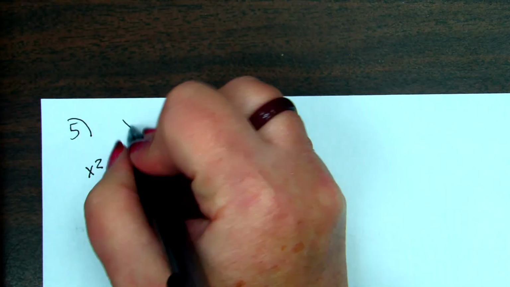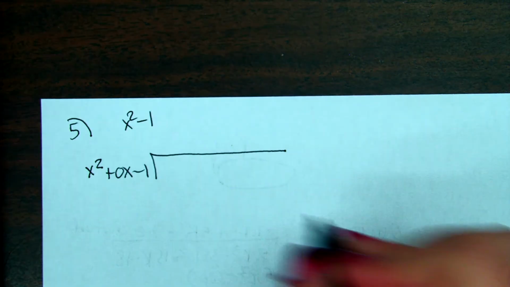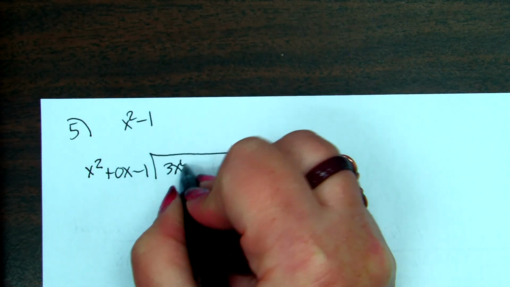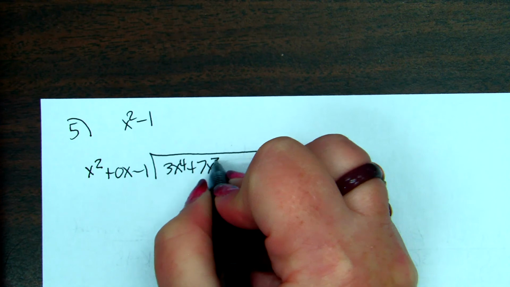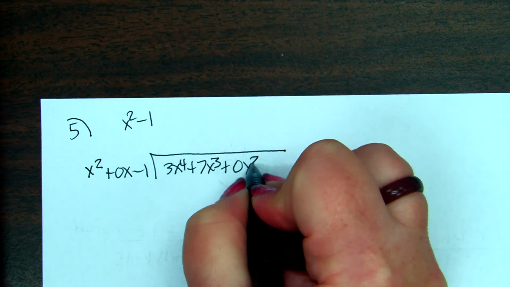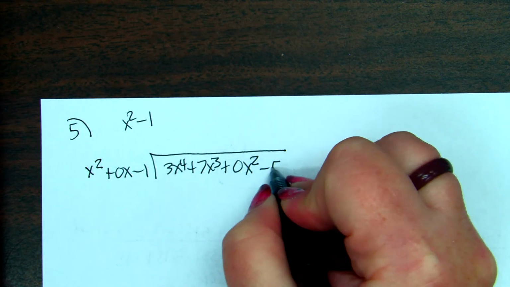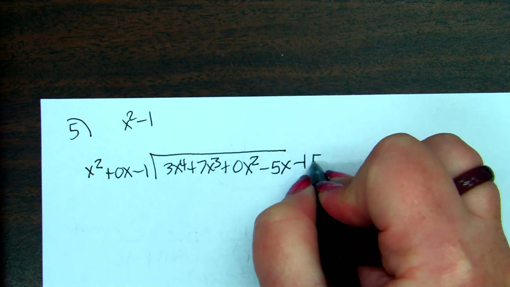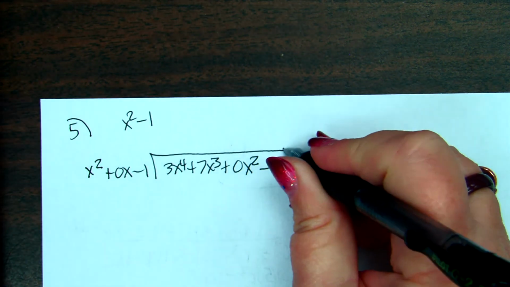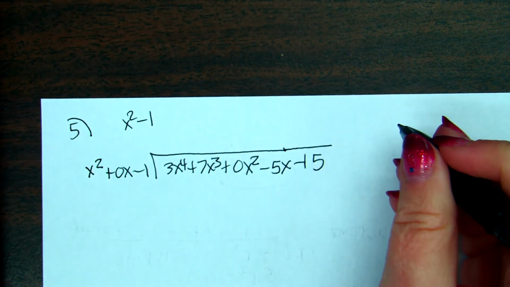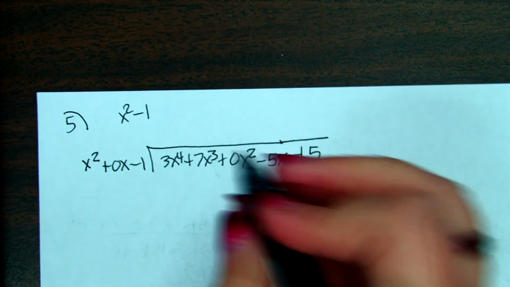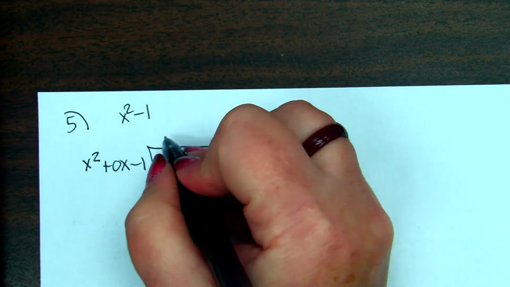It was x squared minus 1. And then we're going to have 3x to the 4th plus 7x cubed plus 0x squared, a placeholder, minus 5x minus 15. So don't forget to put in the placeholders or you get marked off and you'll get the wrong answer as well, usually.